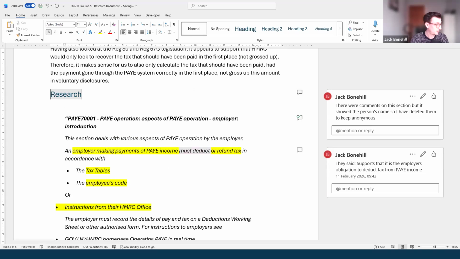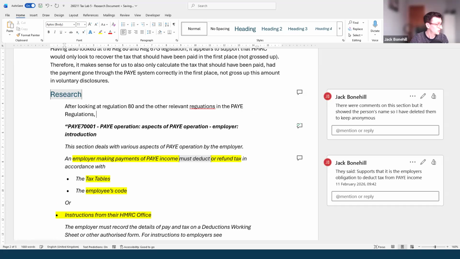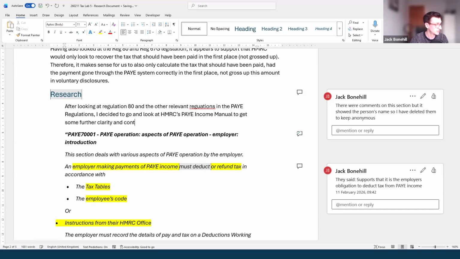after looking at regulation 80 and the other relevant regulations in the pay-as-you-earn regulations, I decided to go and look at HMRC's pay-as-you-earn income page, and you ought to get some further clarity and context.